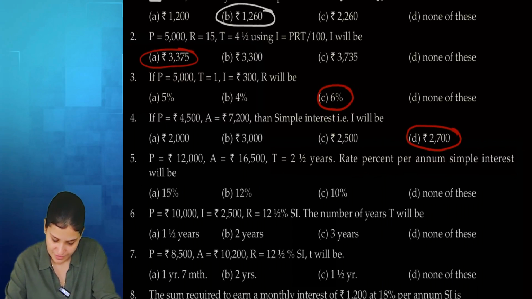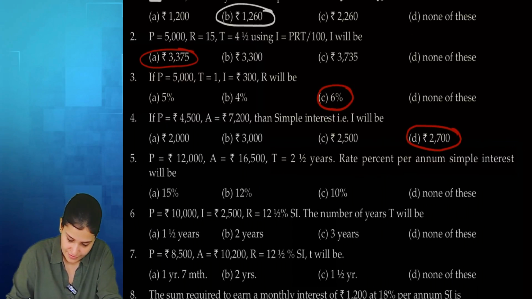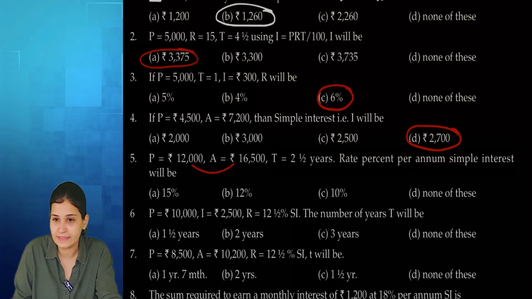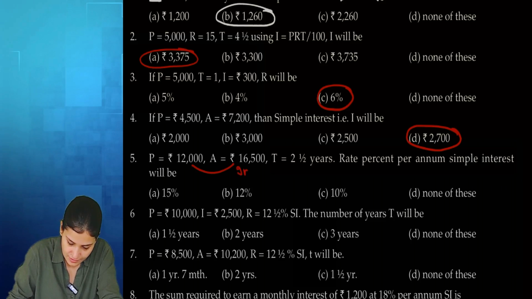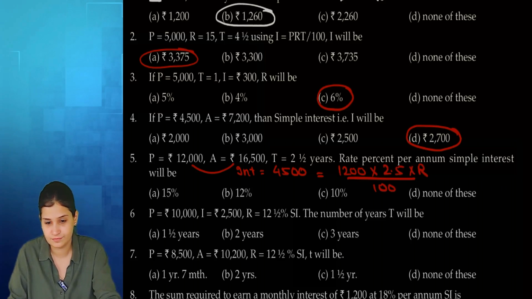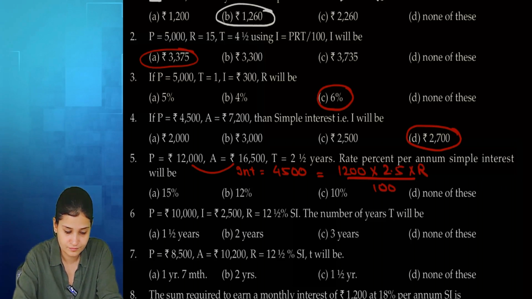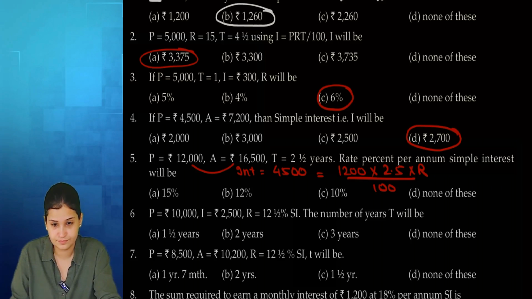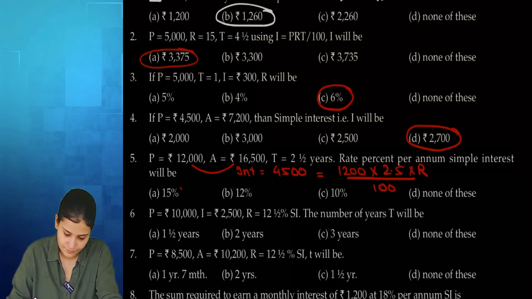Question number 5. Principal is given, amount is given. We can subtract this to get the interest amount. The interest will be 4,500, and that is principal into time 2.5 into rate R divided by 100. Answer? 15%.